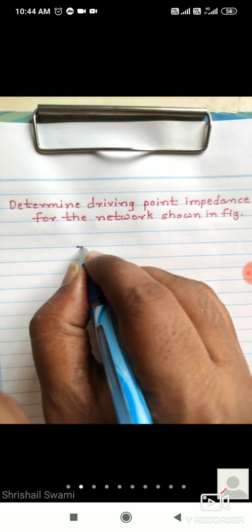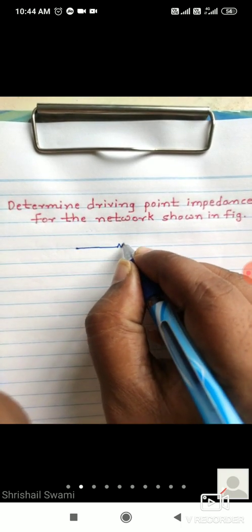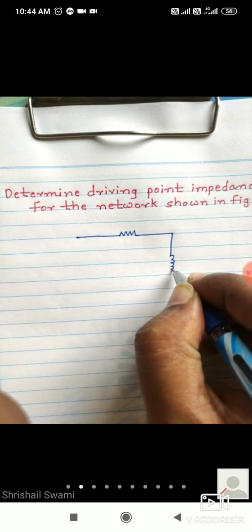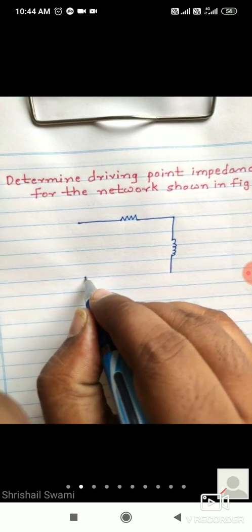So first of all, carefully observe the network which is given in the question, then you can solve.